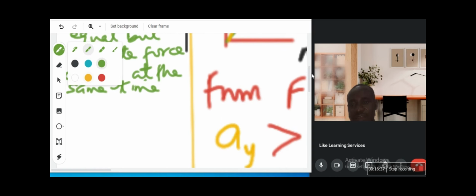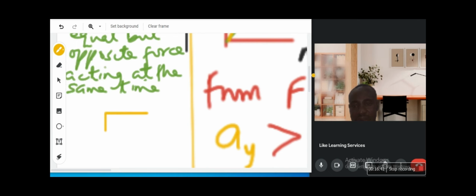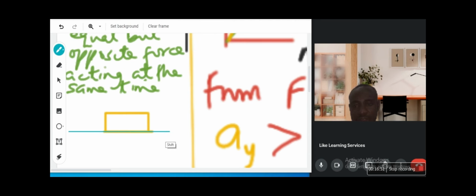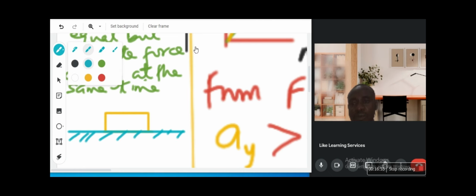It's just like if you have this object resting on a table. This is the object resting on this surface. Now, a force, which of course is the weight of the object, is acting downward.